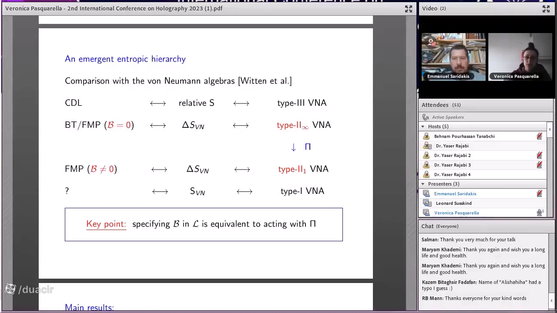So this is the same thing that we needed to do basically in our setup.